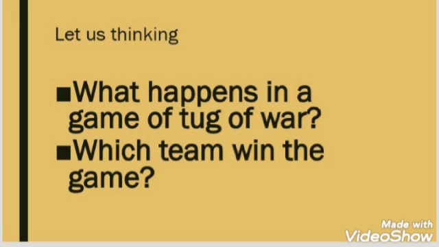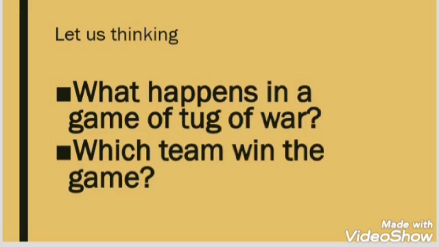The answer is, in tug of war, two teams apply a force to pull the rope towards their side. When both teams apply equal force, they cancel out each other's effects. Such a force is called a balanced force.